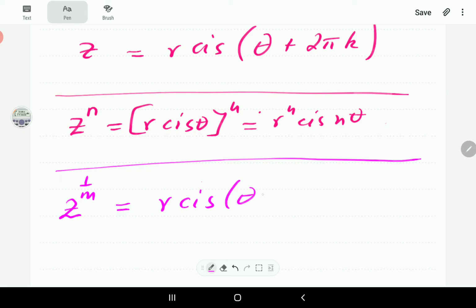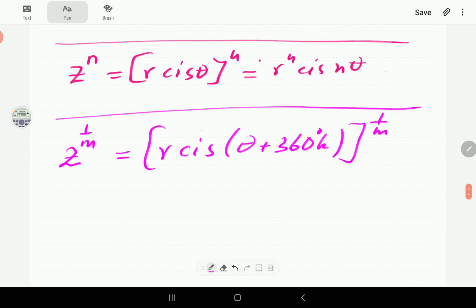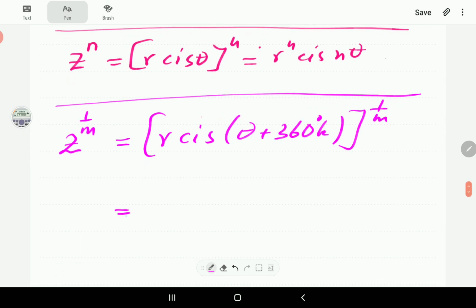cis theta plus 360k. Remember, we said this is exactly the same as that. Then we raise this to the power 1 over m. Similarly, r will be to the power 1 over m, and then we multiply 1 over m into the argument according to De Moivre's.